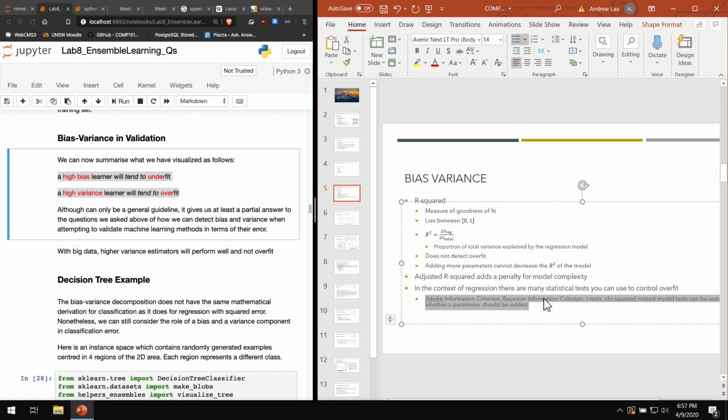If you have any interest in statistics, there are other ways to do this as well. You don't have to use the machine learning perspective. Okay, there's adjusted R², which effectively is your R², but with a penalty for the number of parameters you have. It scales back the R² depending on the number of coefficients, your thetas or your betas. Okay, but this isn't part of the course though.